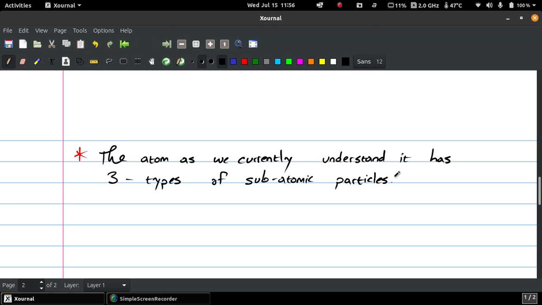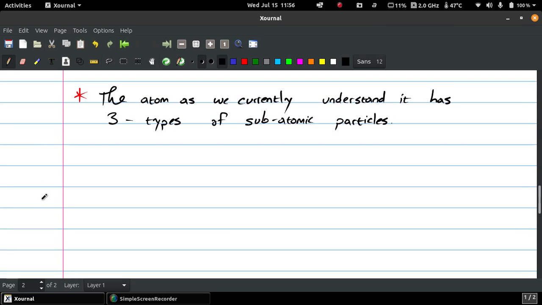Okay, so I'm going to make a little chart real quick, and it's going to detail the atomic particle, its symbol, its charge, and its mass.